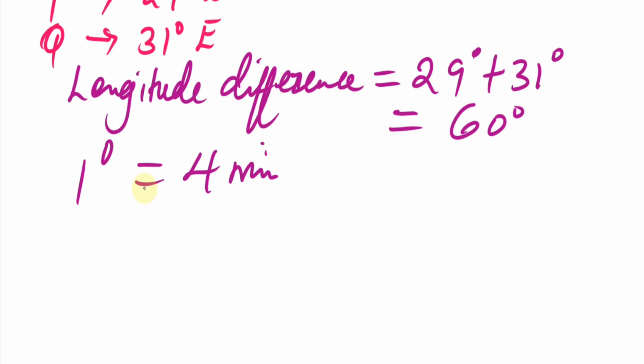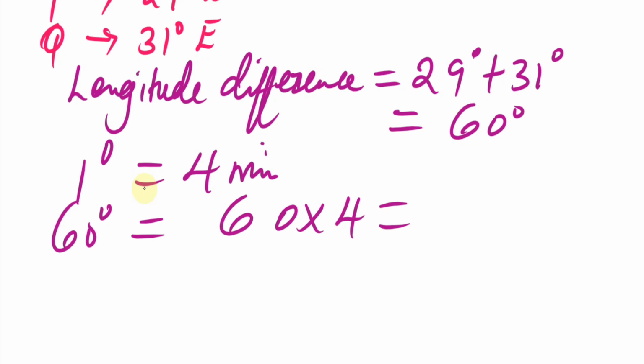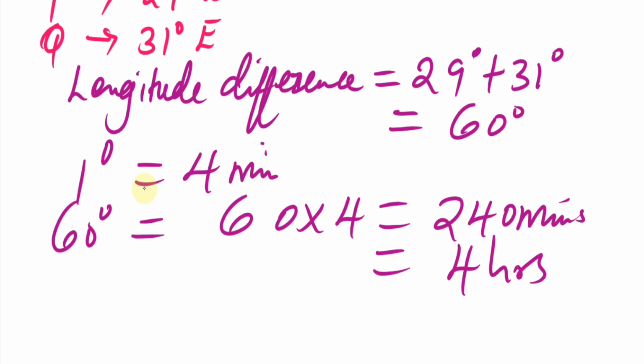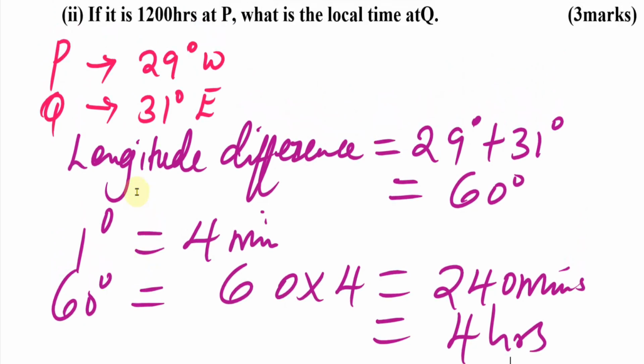So 60 degrees will give 60 multiplied by 4, which is 240 minutes, equivalent to 4 hours.